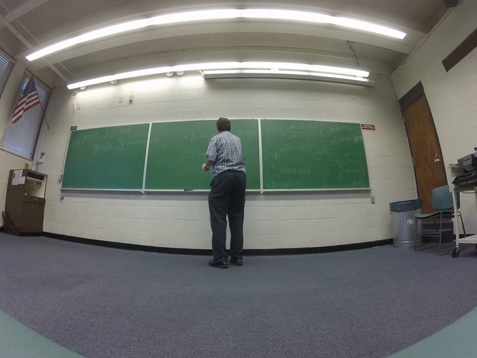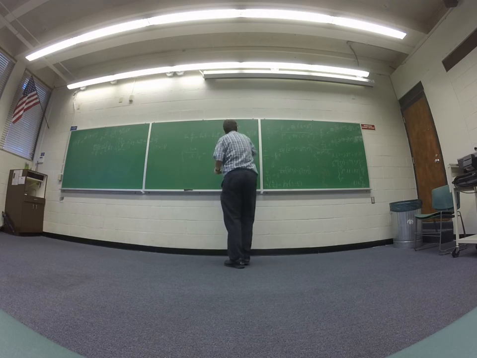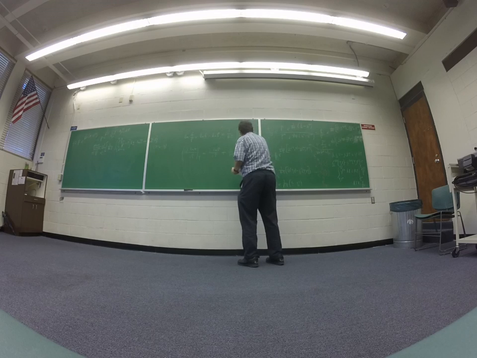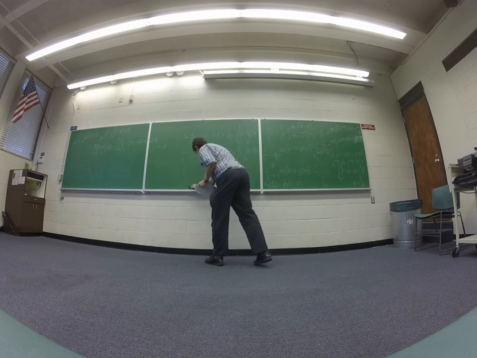plus, temperature is constant, so I can take 1 over RT out, partial with respect to pressure of the integral 0 to p of V minus RT over p dp. Remember calculus.